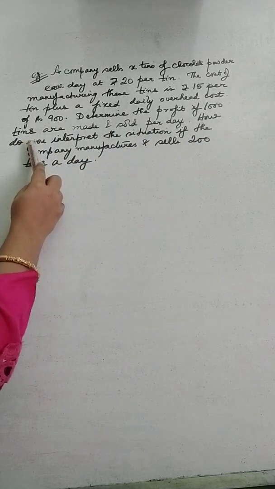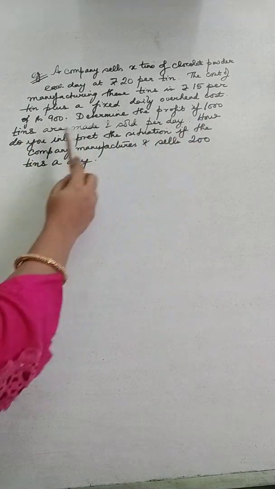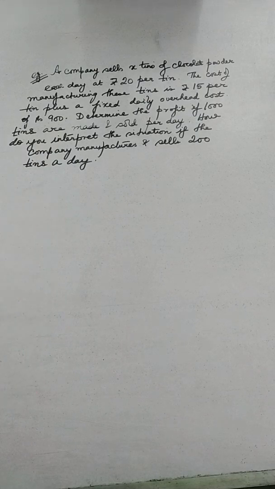The second part says, how do you interpret the situation if the company manufactures and sells 200 tins per day? That means instead of 1000 tins per day, how will the situation change? Whether it will change at all. If 200 tins are sold, whether there will be profit or loss or what, that you have been asked to check and see. So the first part is what?